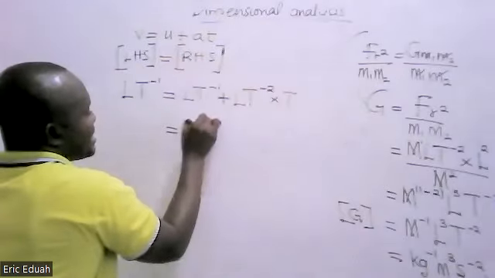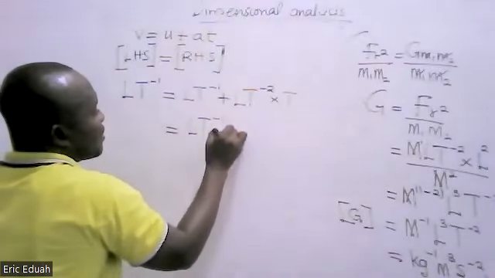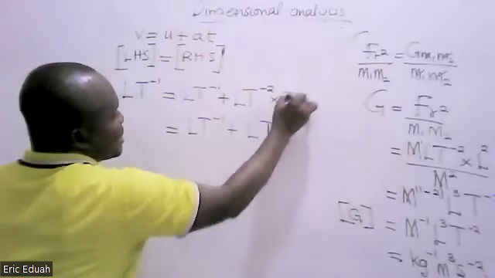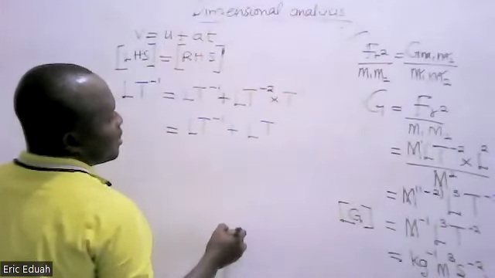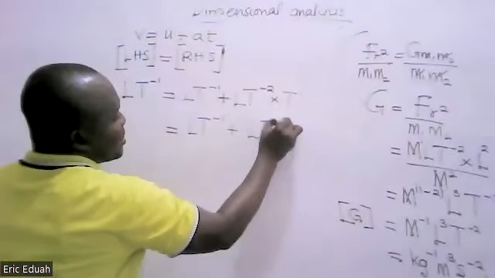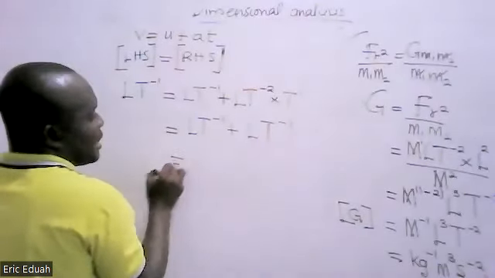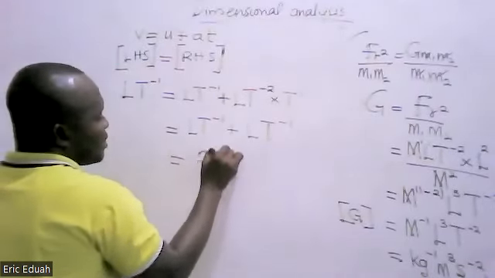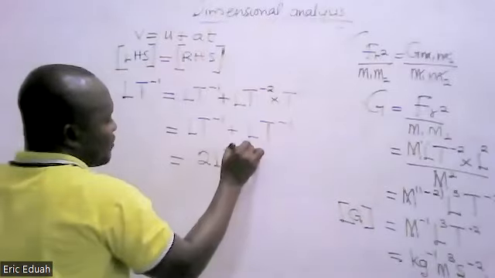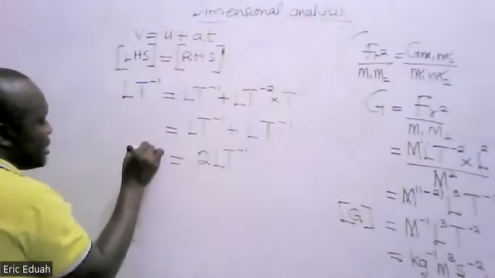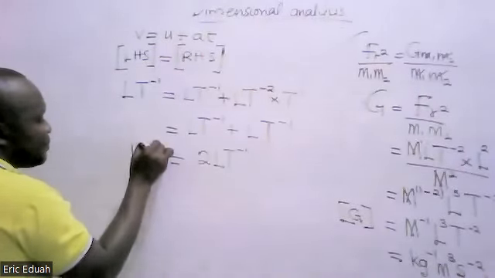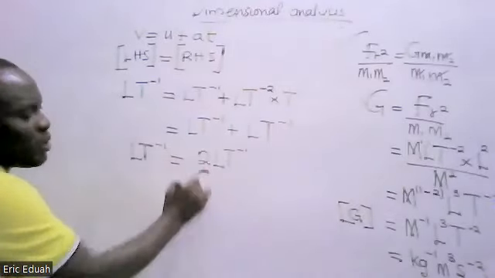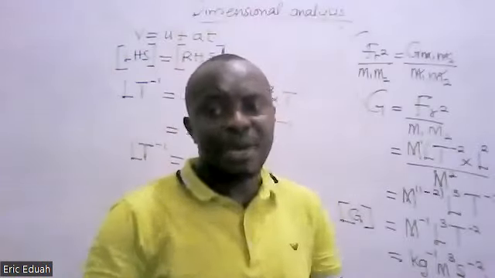So at the right-hand side we have LT to the power negative 1, and when we add, this and this gives us 2 LT to the power negative 1. Now, the coefficient 2 is dimensionless.